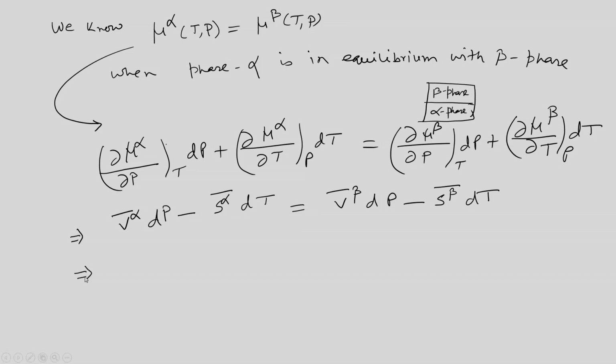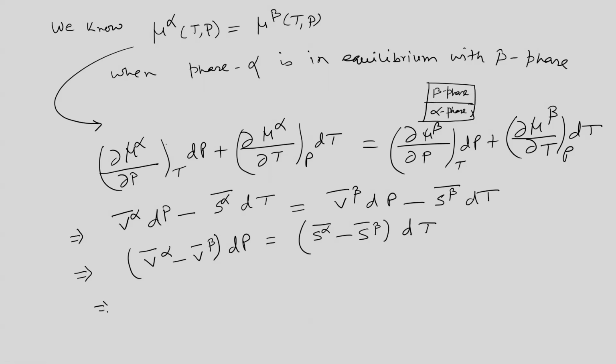Okay, so we can rearrange the things: V alpha bar minus V beta bar times dP is nothing but S alpha bar minus S beta bar times dT.